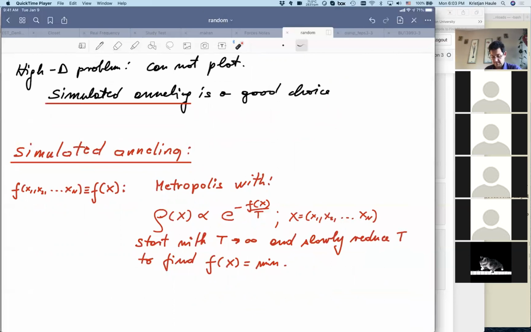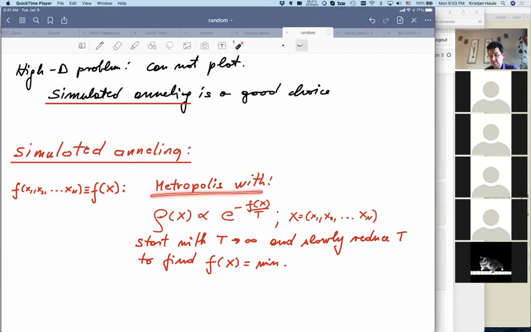So our objective is this function f of x1, x2, x3 to xn. So n is large. We have a function of several variables. We call it f of capital X, where capital X is a vector.